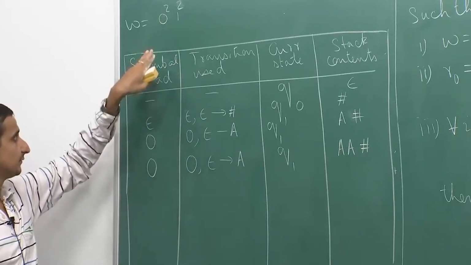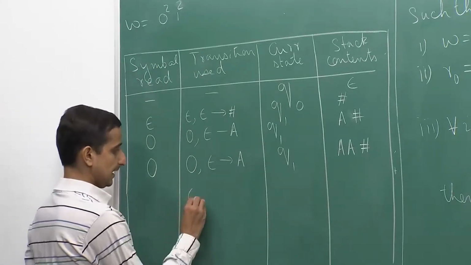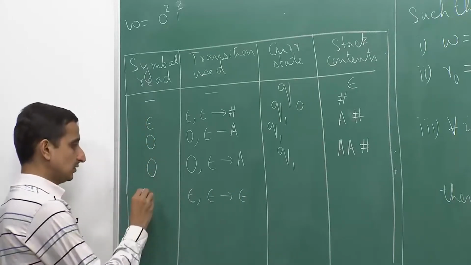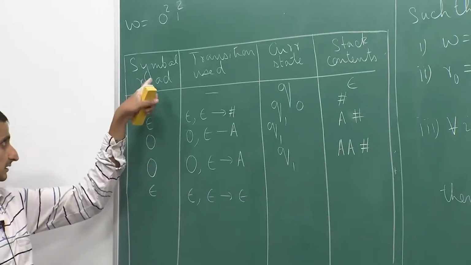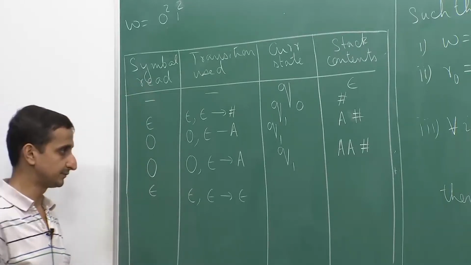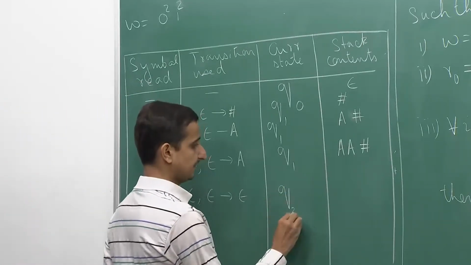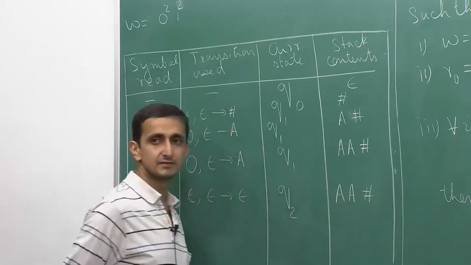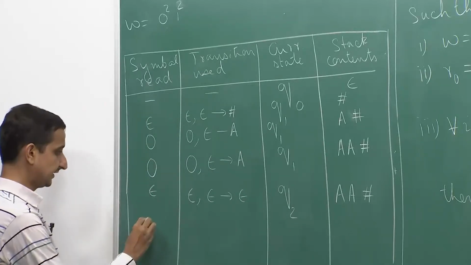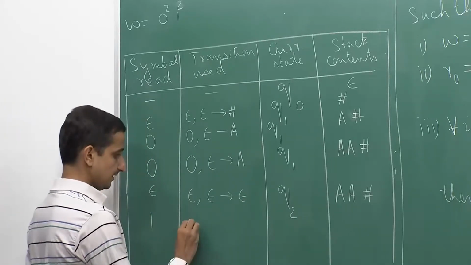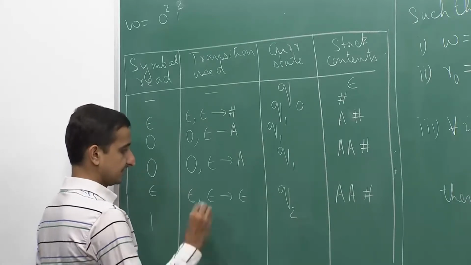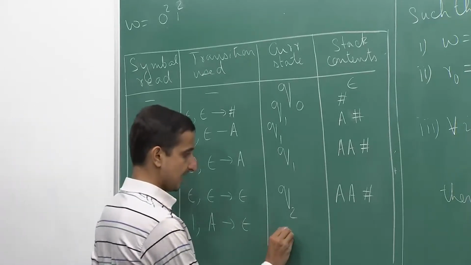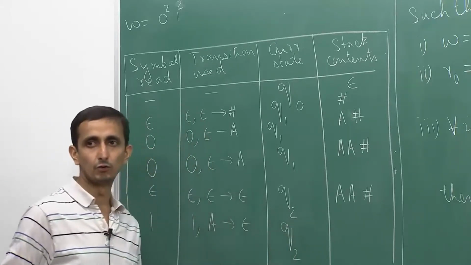So, now we will use the transition epsilon comma epsilon going to epsilon. We will not read any input bit, so the symbol read will be epsilon. It moves to state Q2, and the stack remains unchanged. In the next step, it sees 1, it uses the transition 1 A to epsilon, which means it is popping off A and it stays at state Q2.